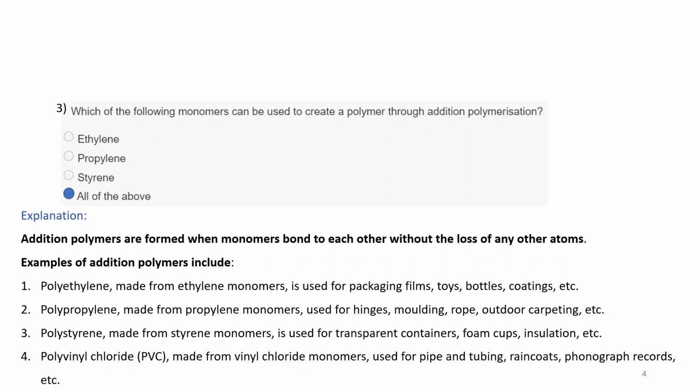The explanation here is, addition polymers are formed when monomers bond to each other without the loss of any other atoms.